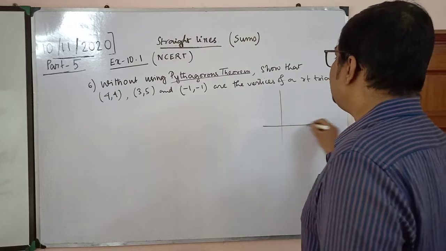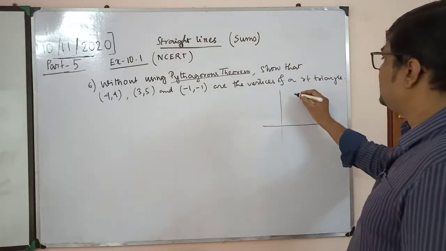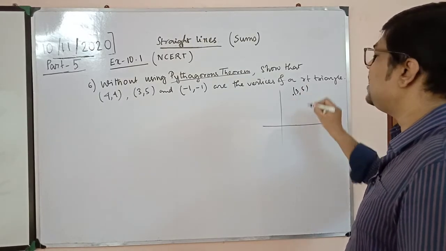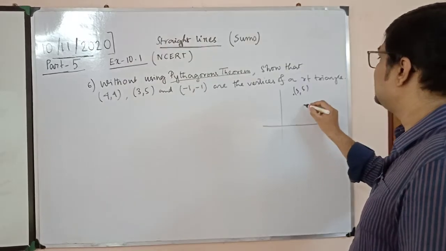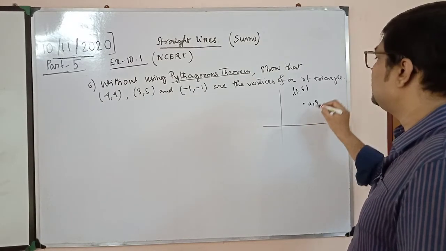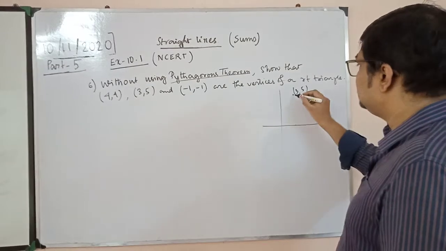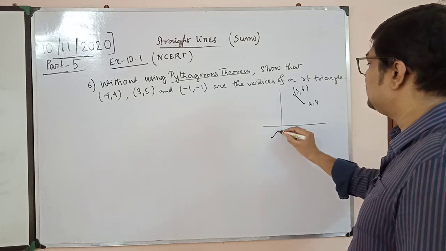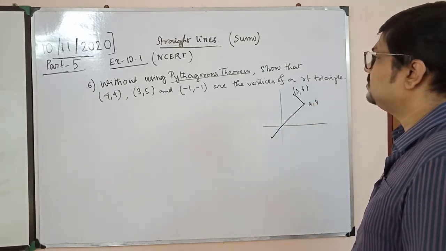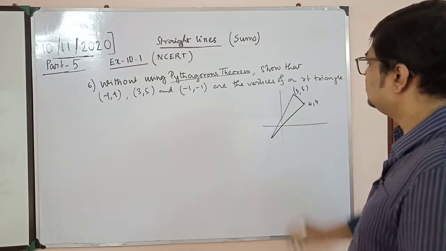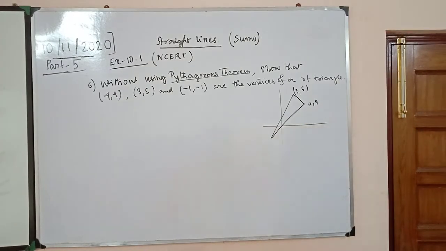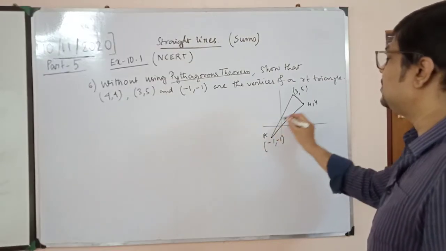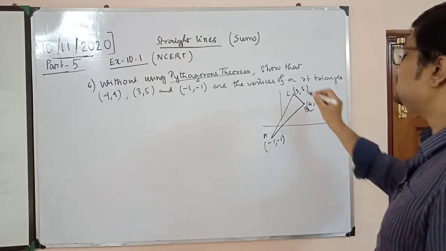A rough estimation may be, if this point is 3 comma 5, this is 4 comma 4, and this is minus 1 comma minus 1. So a very rough diagram I have drawn just to analyze the situation.